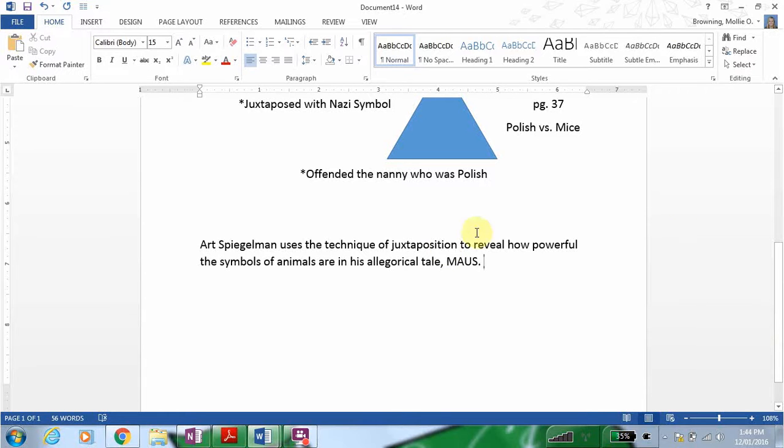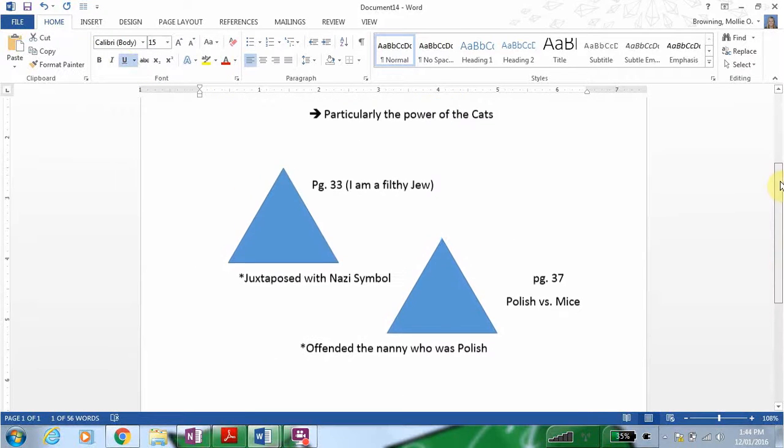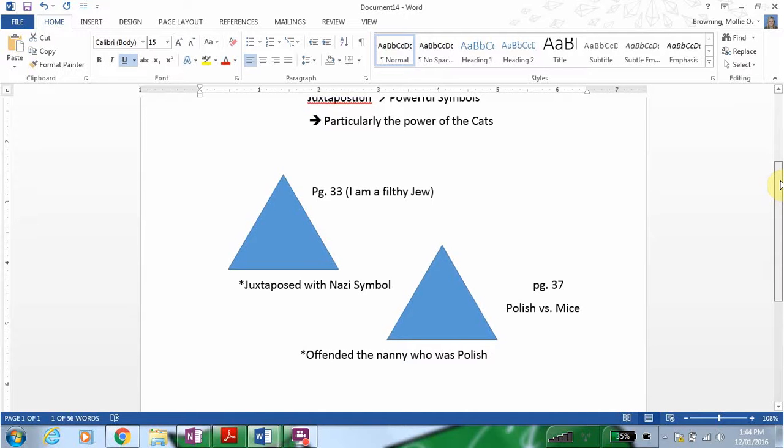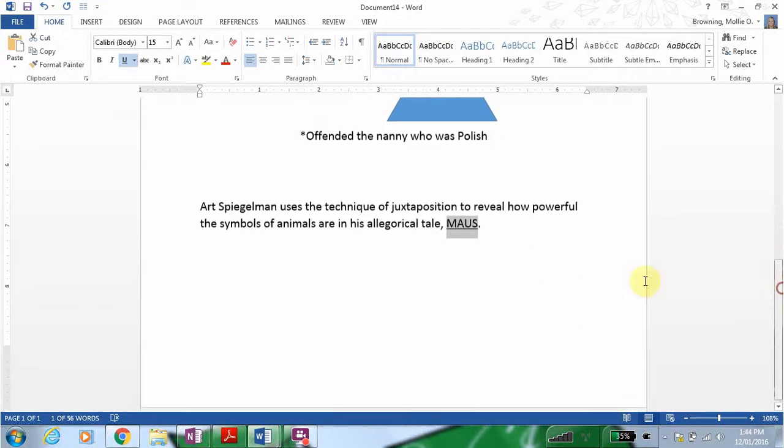Don't forget to underline the title. So now what would be next is this example from page 33, but I can't just all of a sudden have a quote, otherwise it's going to be confusing. So I have to lead in to my quote. I've got to provide some context.